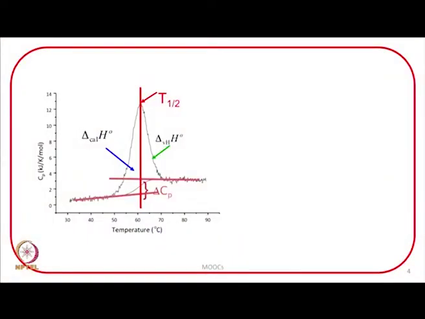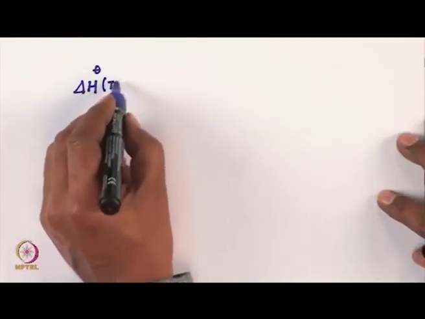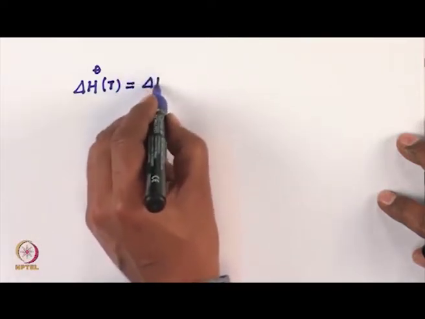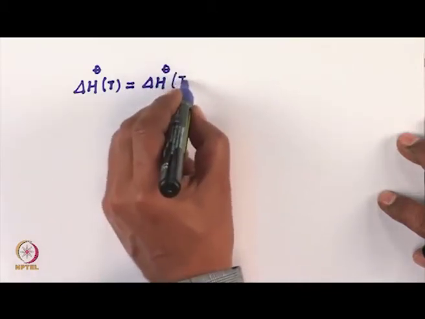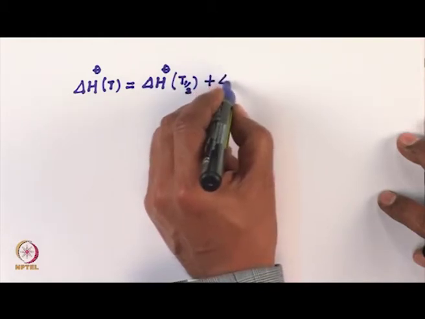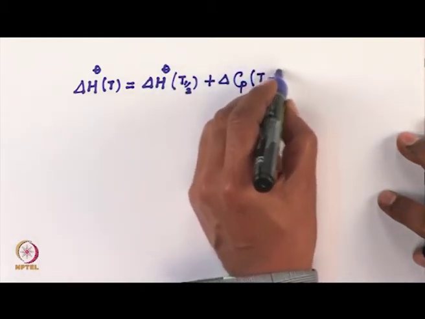With these, now I can write temperature dependence. Delta H naught at any general temperature will be equal to delta H naught at T half plus delta Cp into T minus T half.